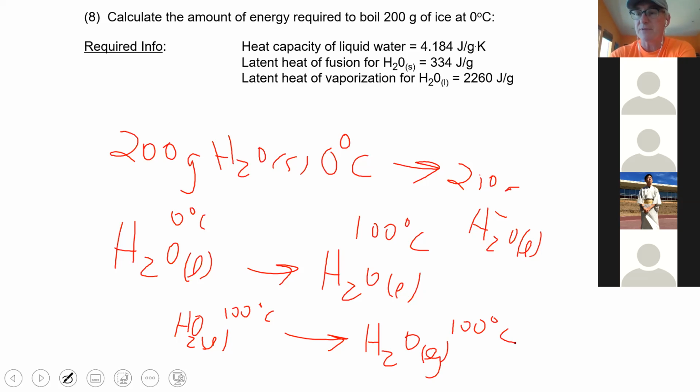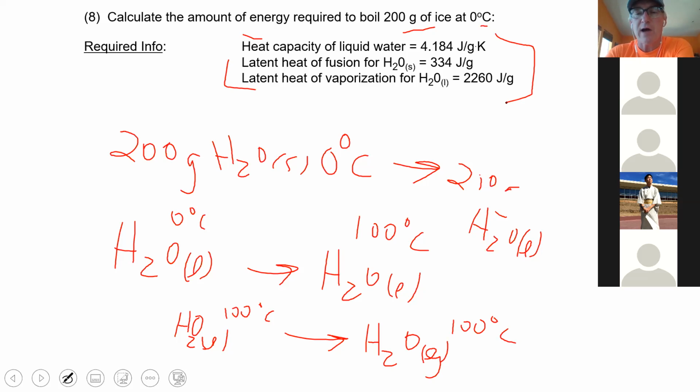Those are the 3 steps it takes. Take 200 grams of solid water, ice, from 0 and turn it into water vapor. And then these are the 3 bits of information you need to get there.